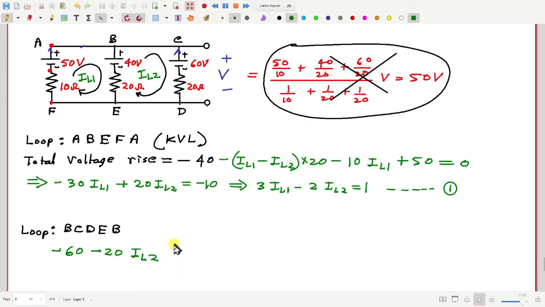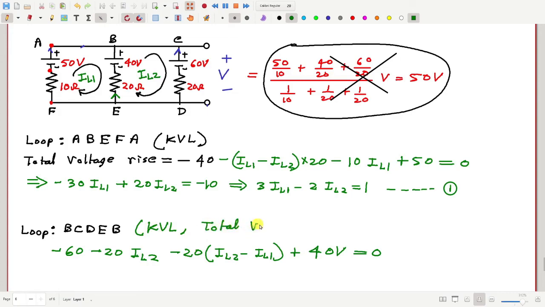Then E to B, we have a 20 ohm resistance with IL2 minus IL1 going upwards, so this is a voltage drop, and then a voltage rise of 40 volt. Total should be equal to 0. We are using KVL and calculating total voltage rise. You can also calculate total voltage drop; you will get the same thing.